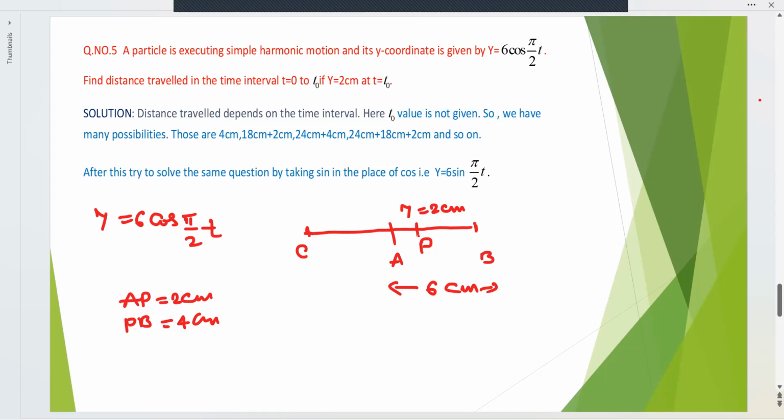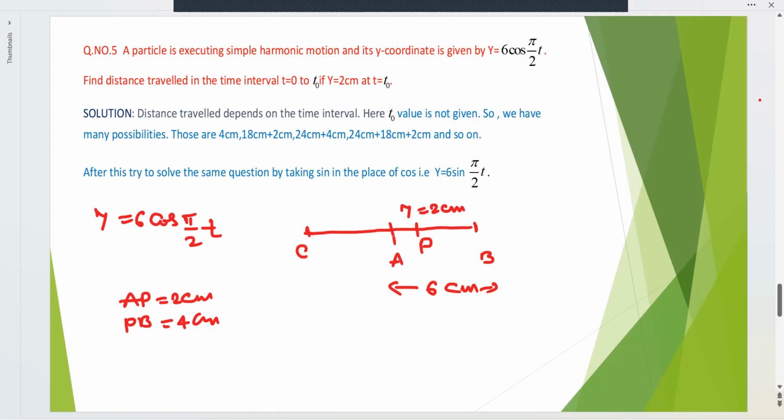Second possibility, it travels from B to A, the mean position, from mean to left extreme, from left extreme to mean position, and from mean position to P. Students, see carefully. B to A means right extreme to mean position, mean to left extreme, and left extreme to mean position.